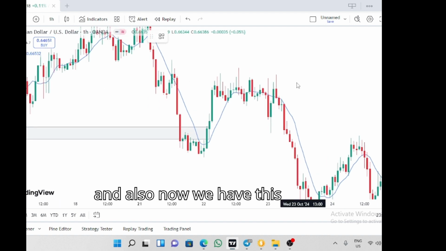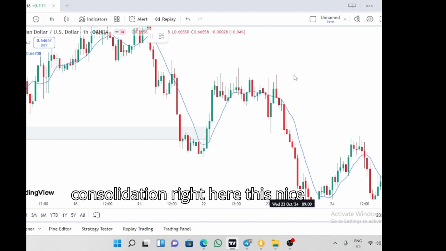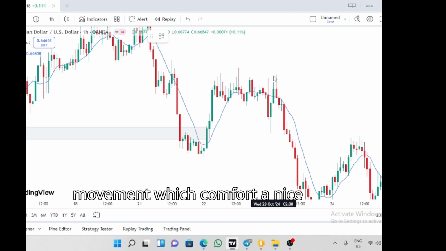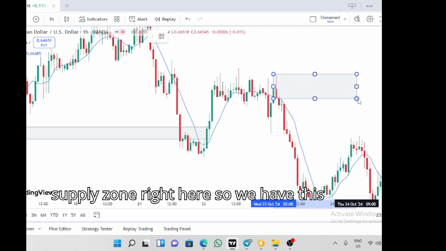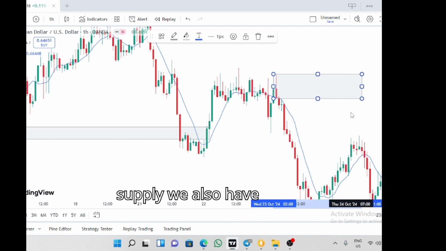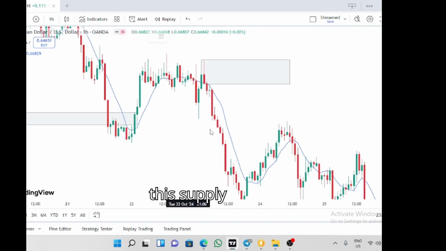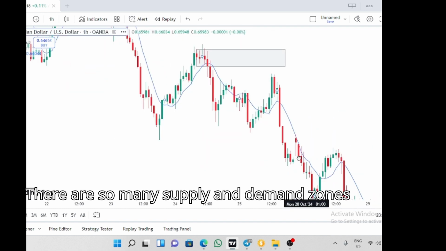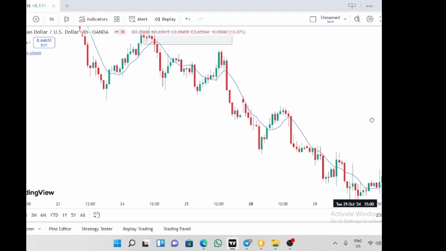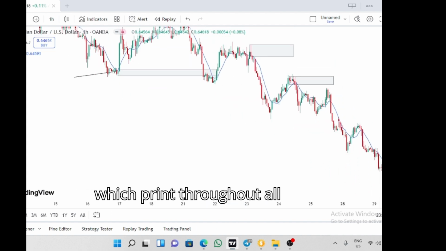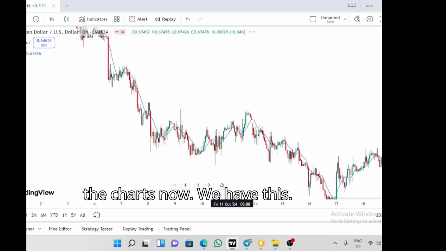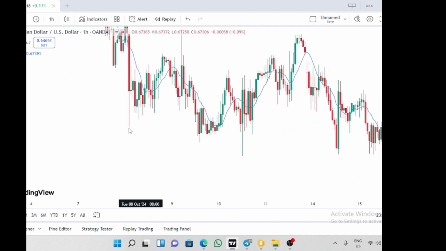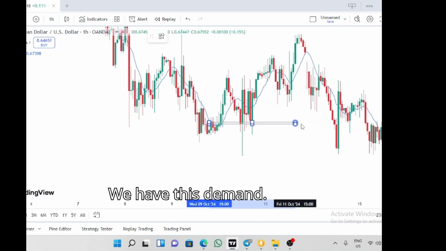And also now we have this consolidation right here, this nice beautiful consolidation, and this downward movement, which forms a nice supply zone right here. So we have this supply, we also have this supply. There are so many supply and demand zones throughout all the charts.